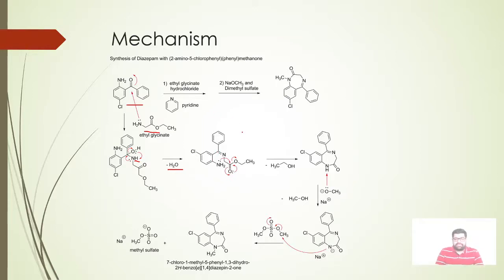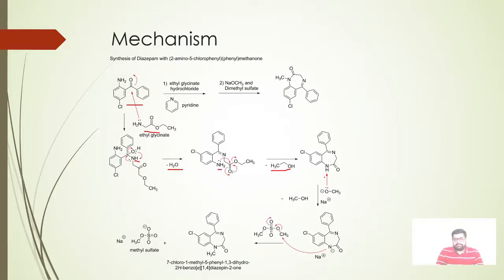Now once we get this imine, this NH2 which is present on the other phenyl ring, that is aniline type NH2, will attack over the carbonyl group of this ester, and the OC2H5 will be the leaving group. So we get ethanol as a leaving group, and we get the 7-membered ring of this diazepam.